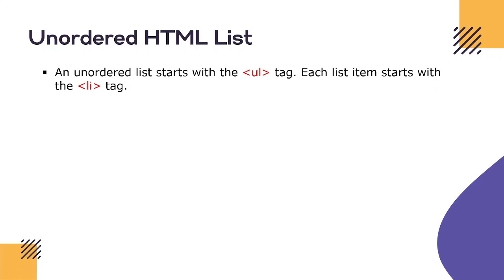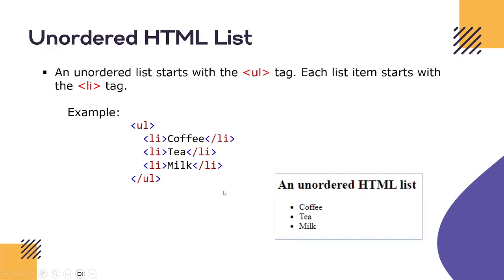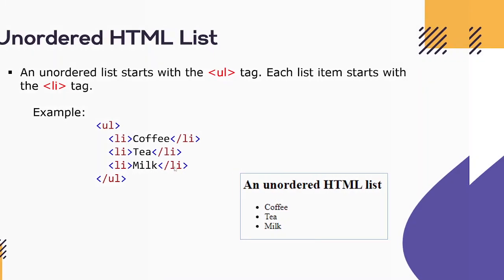An unordered list starts with the ul tag. Each list item starts with the li tag. Example, so ul and then the li should be inside, then close it. So the output should be just like this. Ito, itong tatlo: coffee, tea, and milk.